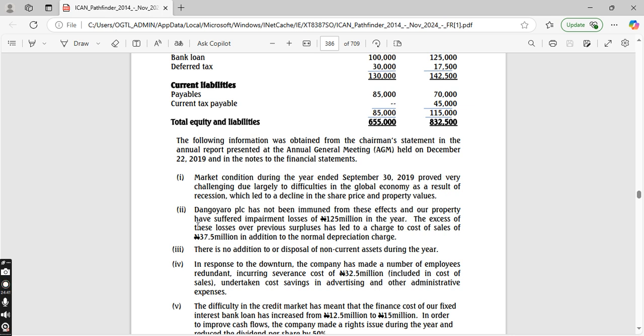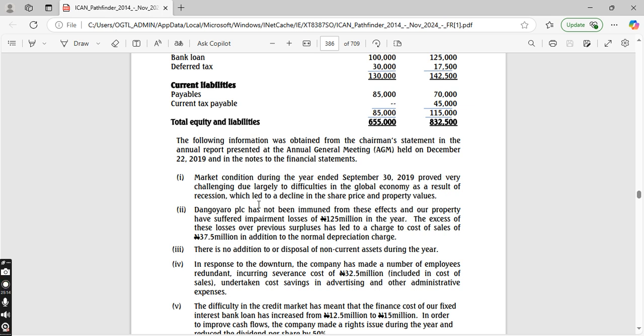But they are saying that for the 125 million loss, the excess of this loss over the previous surplus, that means there was no impairment loss last year. Do you understand? There was no impairment loss in the previous year. And because of that, we were able to reduce our impairment loss this year to 125 million.